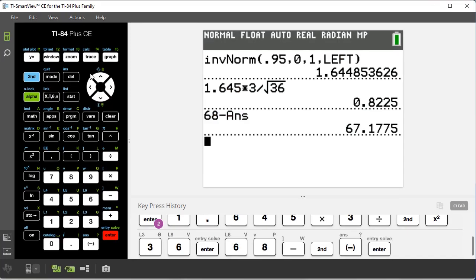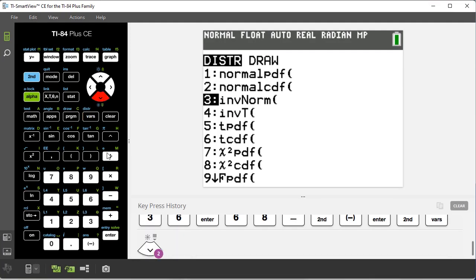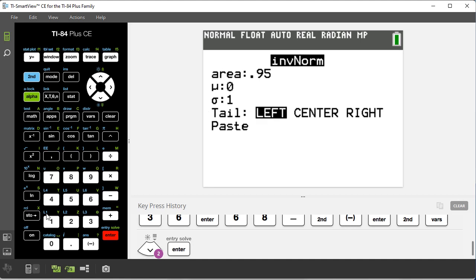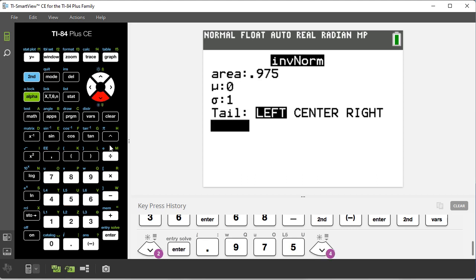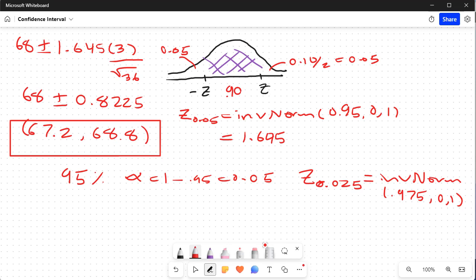So here we will see that if you take second vars, inverse norm, and we put 0.975, then it does give us exactly the critical value that we wanted, which in this case is 1.96.